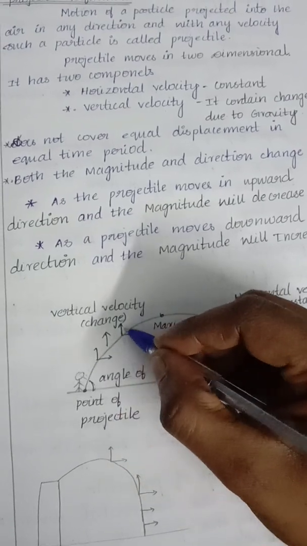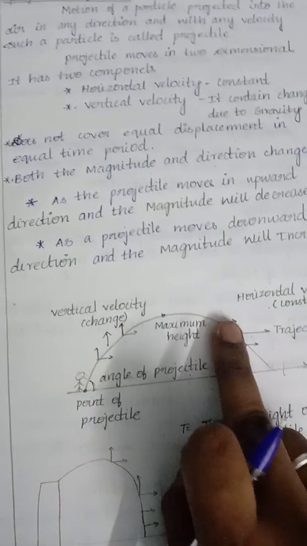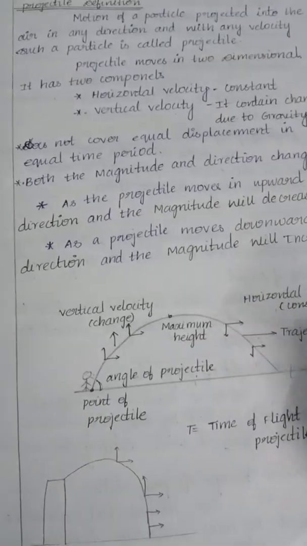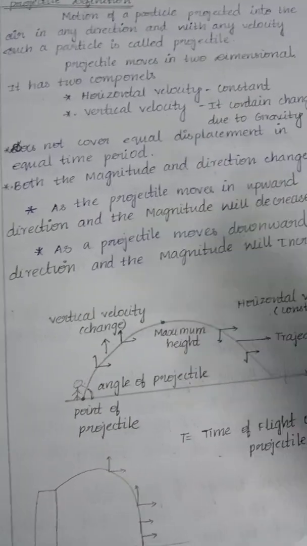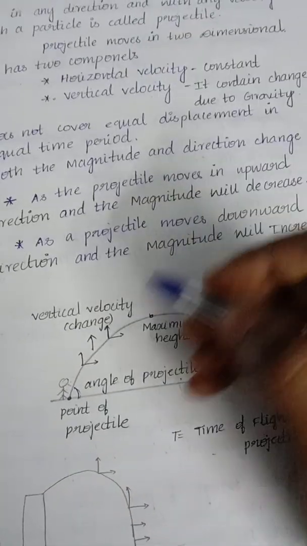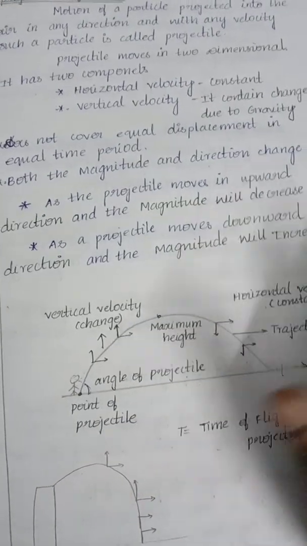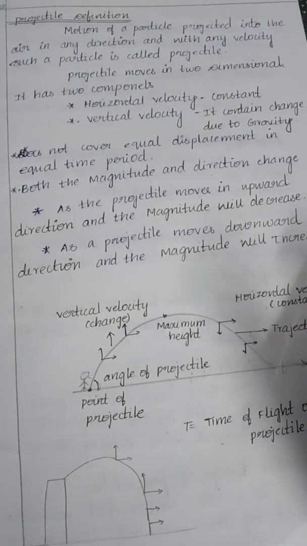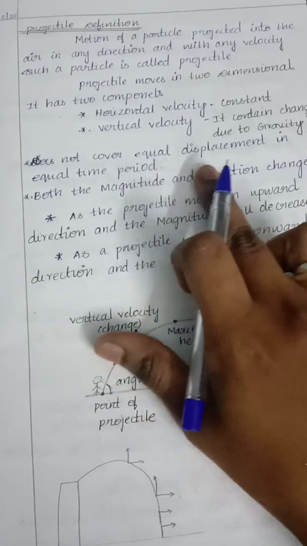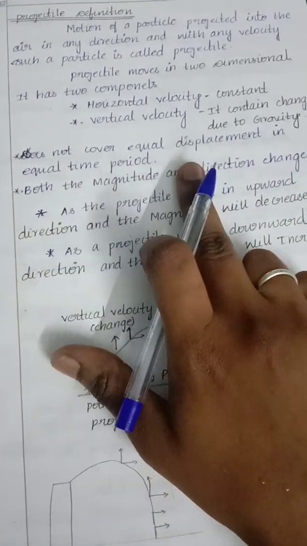At last, according to gravity, it pulls the stone down, so the velocity changes. So the horizontal velocity remains constant and the vertical velocity changes according to gravity, and it does not cover equal displacement in equal time periods.